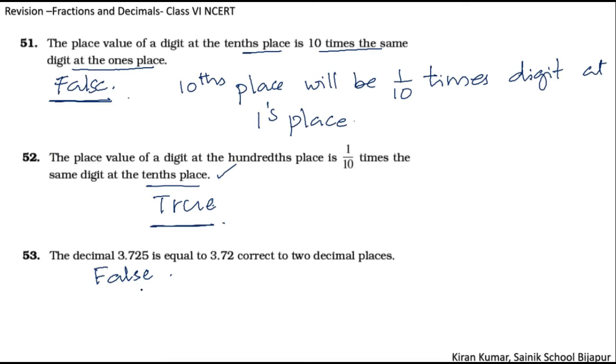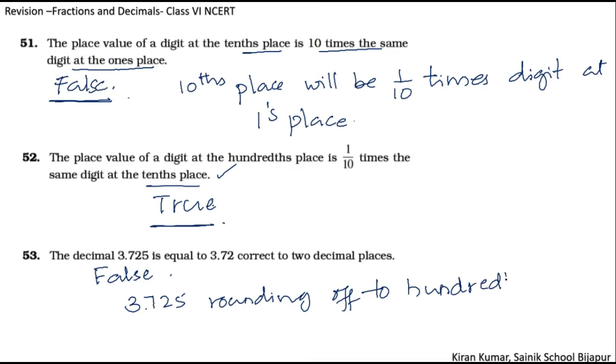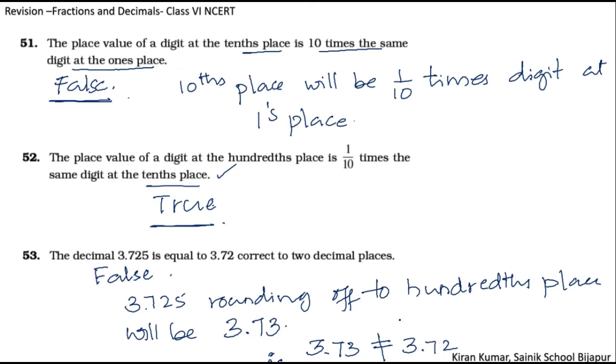When the 1000th place is there, when we round it off to the 100th place, 3.725 rounded off to the 100th place will be 3.73. So it's very clear, 3.73 is not the same as 3.72. So the given statement is false.